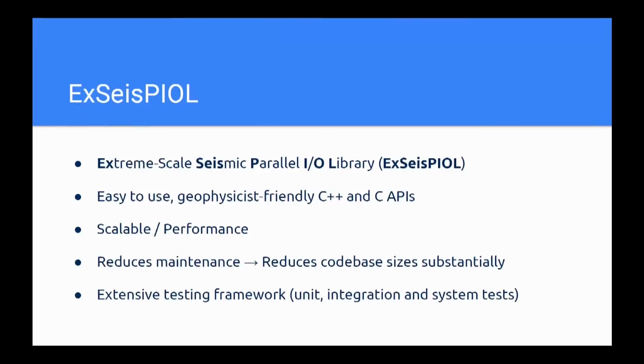The goal is to also maintain the performance and scalability and reduce maintenance. So the library can reduce code bases considerably. We did work with a Kirchhoff migration code base, time and depth, and reduced it by about 15% using the library. It also has an extensive testing framework using unit, integration and system tests.